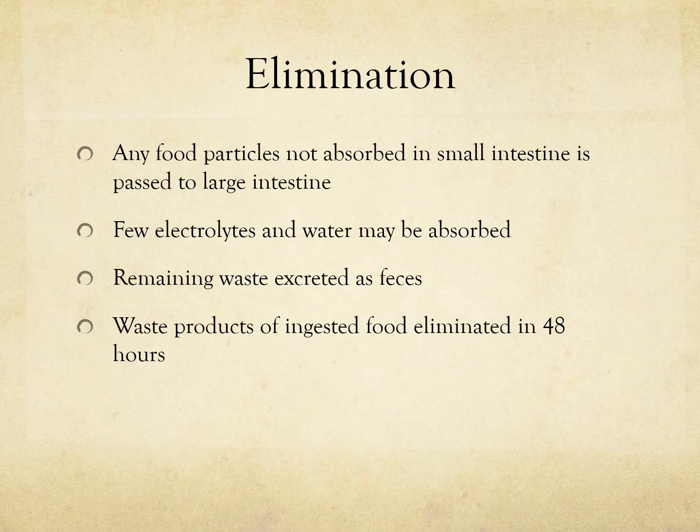So start thinking about the elimination process as an important assessment area, not just a routine bodily function, because changes in bowel habits can tell us a lot about what's happening physiologically. For example, constipation may occur with dehydration, opioid use, decreased mobility, or bowel obstruction.